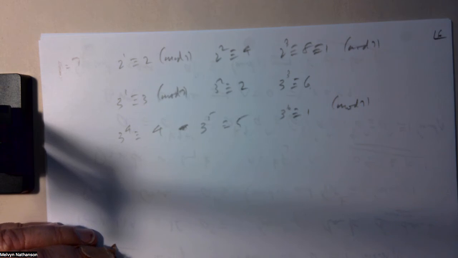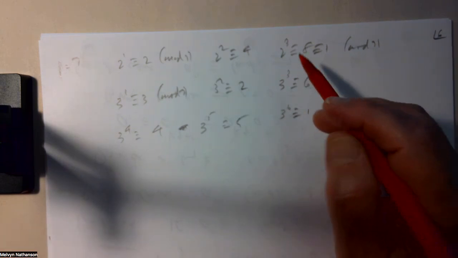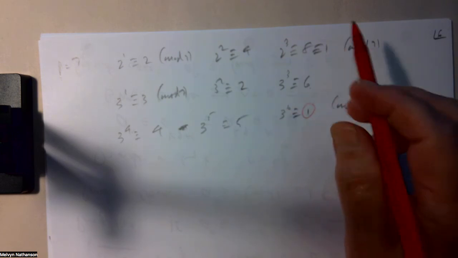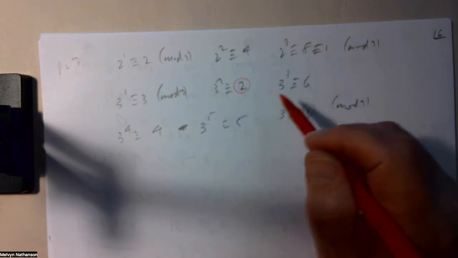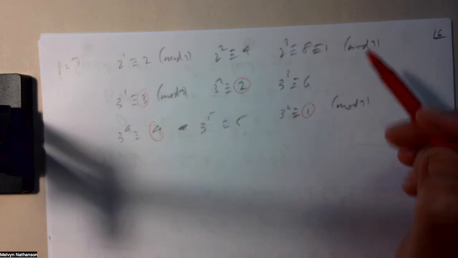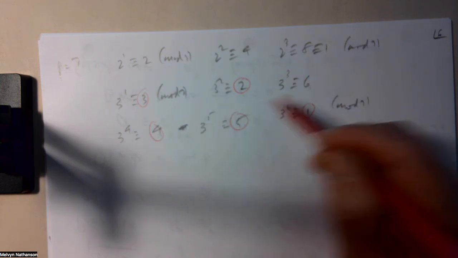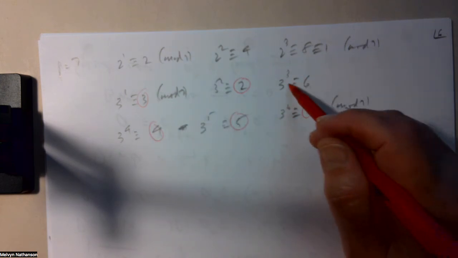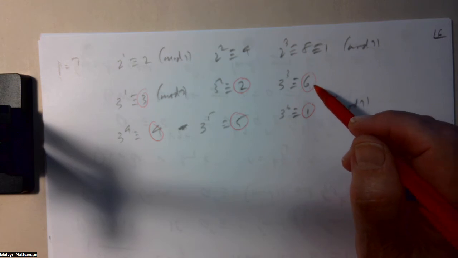So if I look at the powers of 3, 3 to the sixth is 1, 3 squared is 2, 3 to the first is 3, 3 to the fourth is 4, 3 to the fifth is 5, 3 cubed is 6.